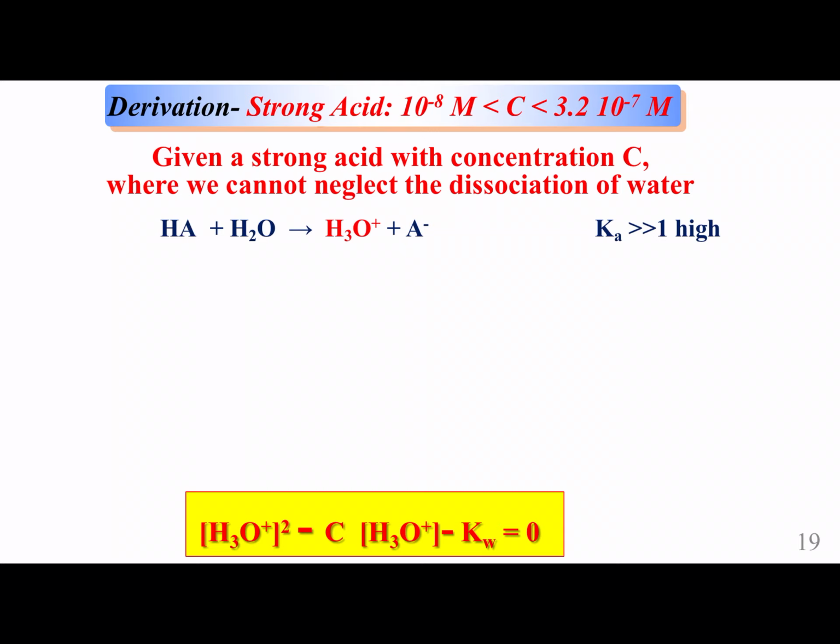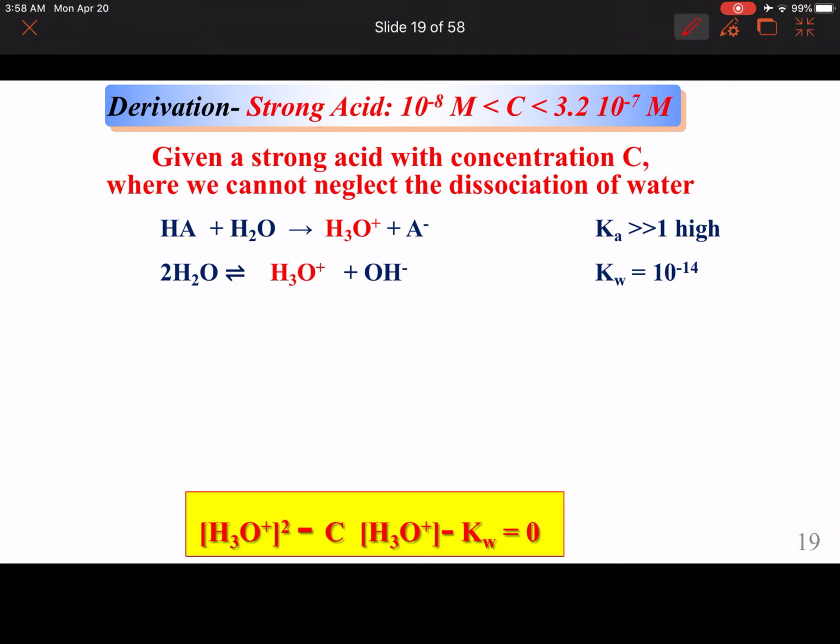And generally, we used to take care of only that. But in the presence of autoionization of water, where the autoionization of water is significant and contributes some H3O plus in the solution, which is not negligible, then there is H3O plus coming from both equations.